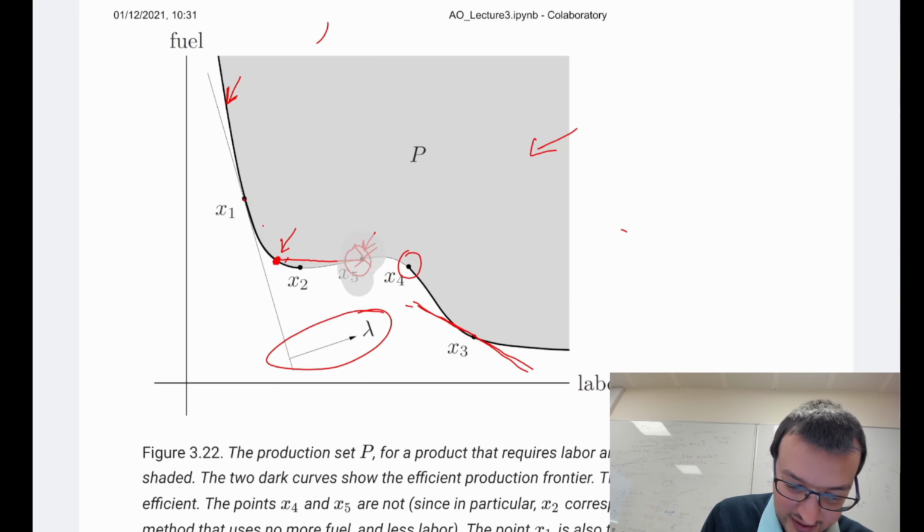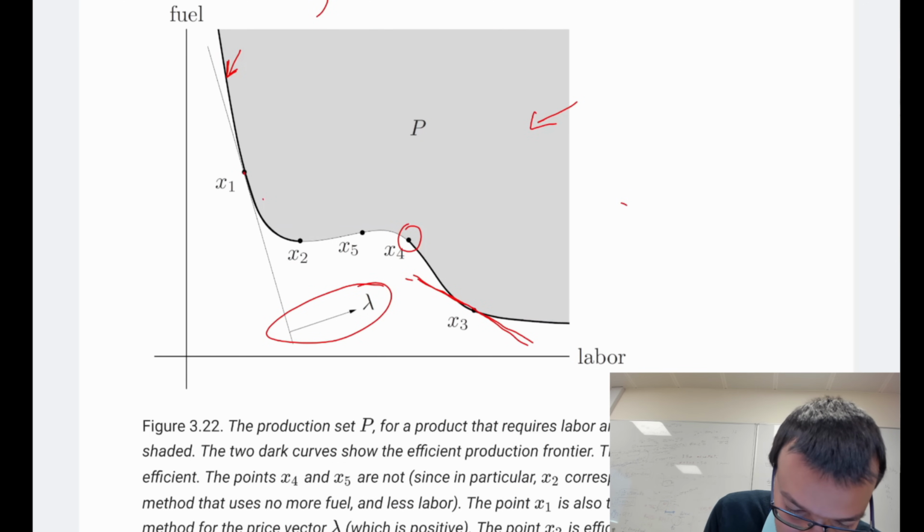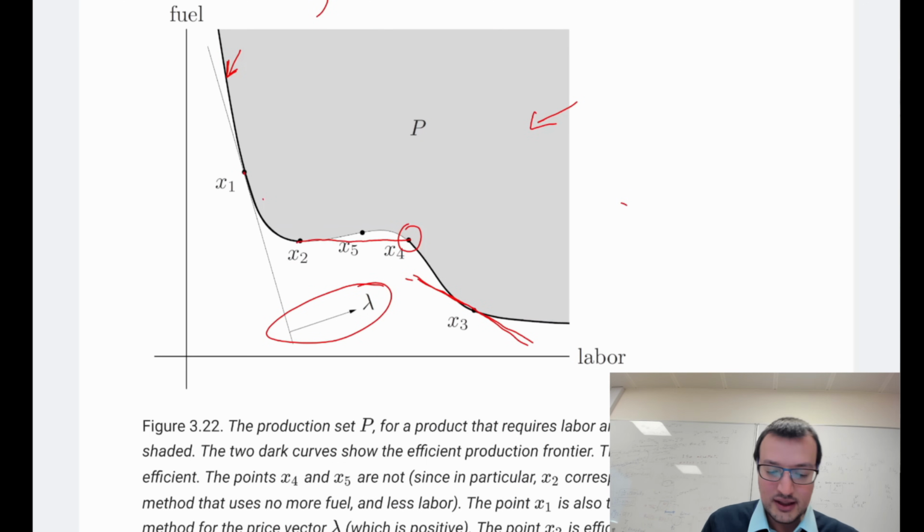And then the same for x4. x4 as well is not a minimal point because, again, if we trace the line here, we're going to end up in x2. So x2 is a point that produces the same product for less labor and the same amount of fuel. So x2 is minimal, but x4 is not minimal.